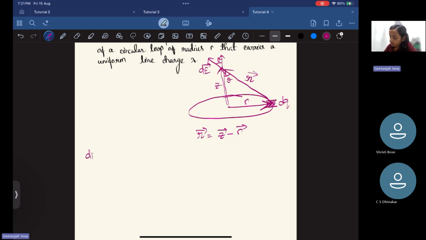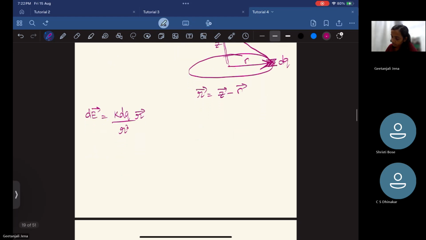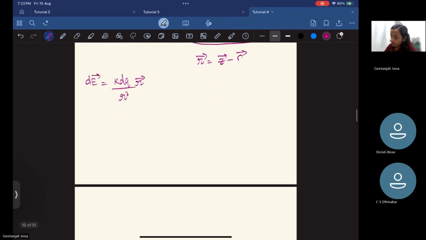So dE will be k dq r vector by r cube. dq is lambda dl, right? So lambda R d theta, right?